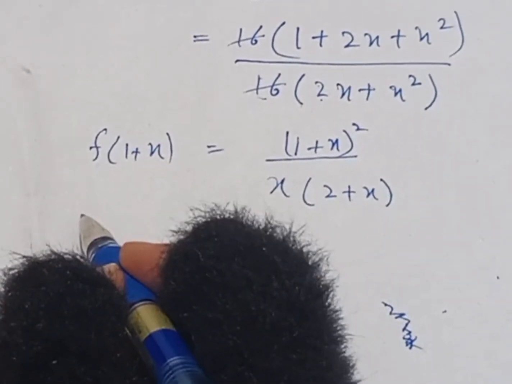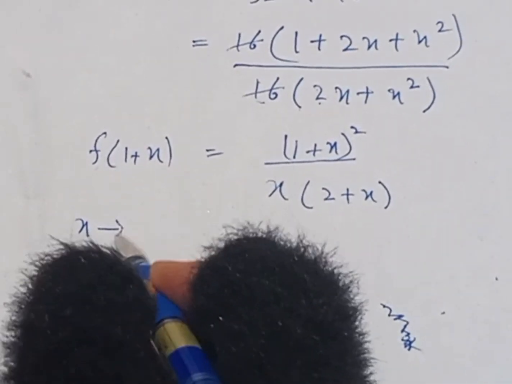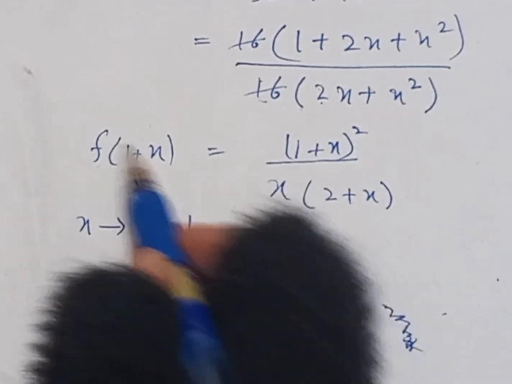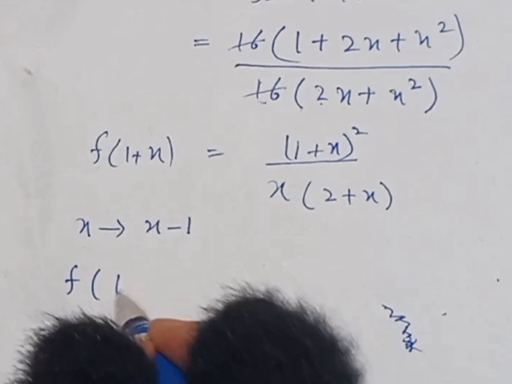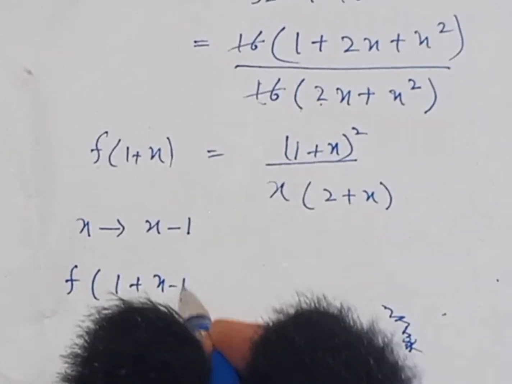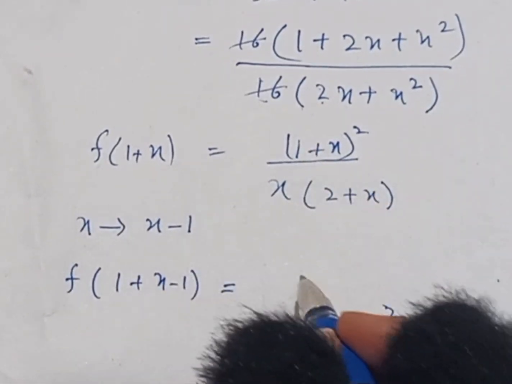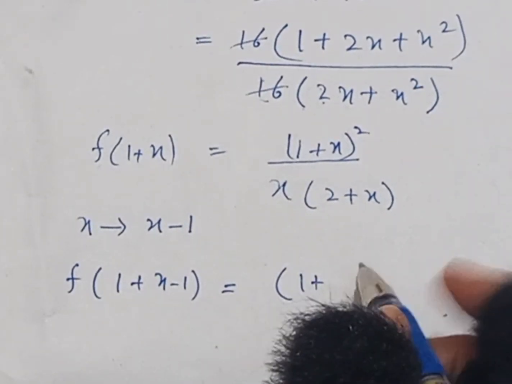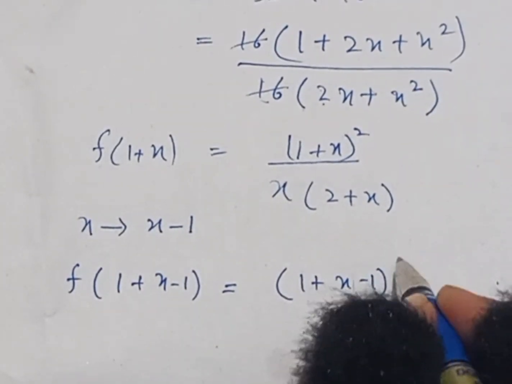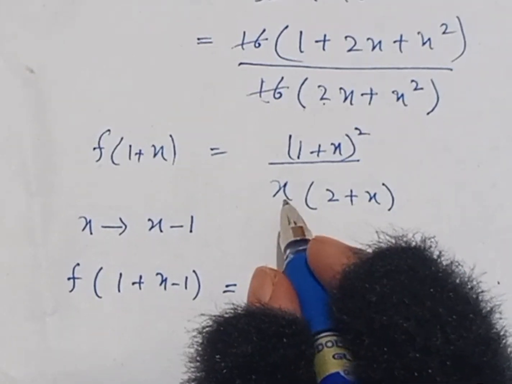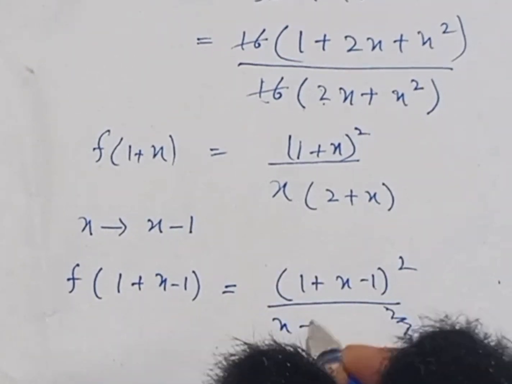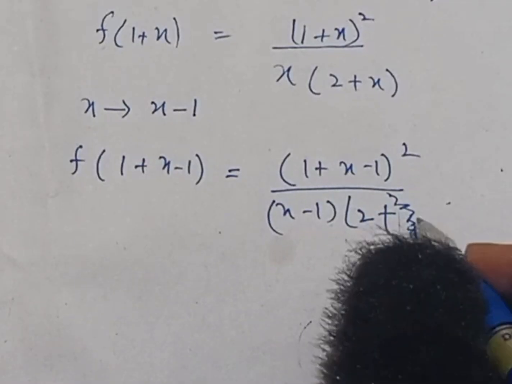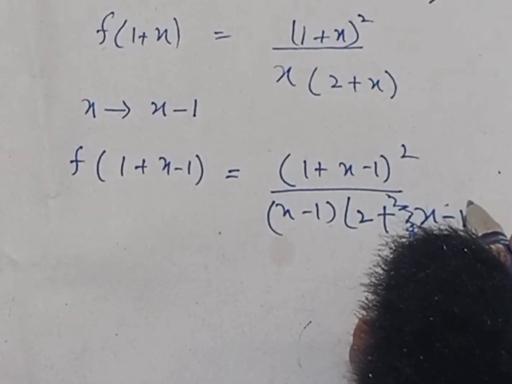So in the next step, we replace x by x minus 1. So this will become f of 1 plus x, which is x minus 1. So this will become 1 plus x is x minus 1 whole squared, and the denominator we replace x by x minus 1, and this is 2 plus x which is x minus 1.